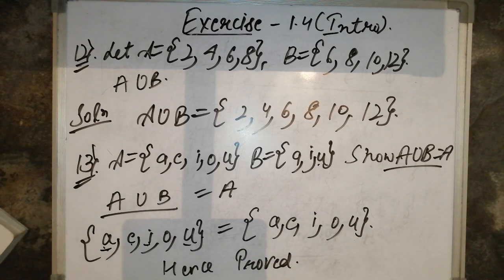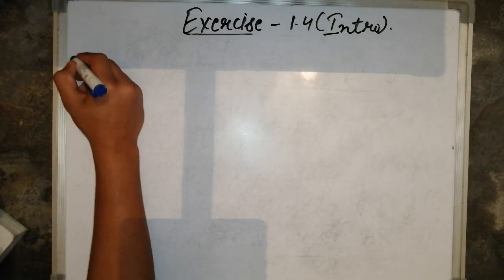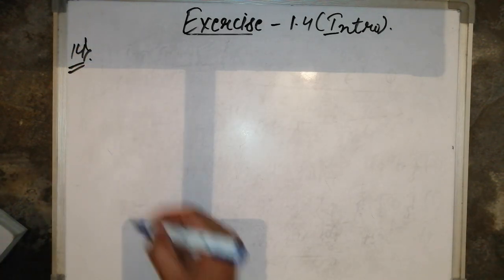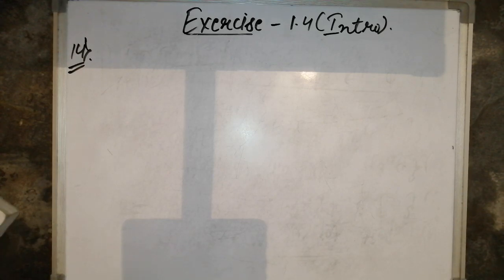Now let's talk about the 14th example and last example on union. I'm writing the 14th example. Let X is equal to Ram, Geeta, Akbar be the set of students of class 11th who are in the school hockey team.